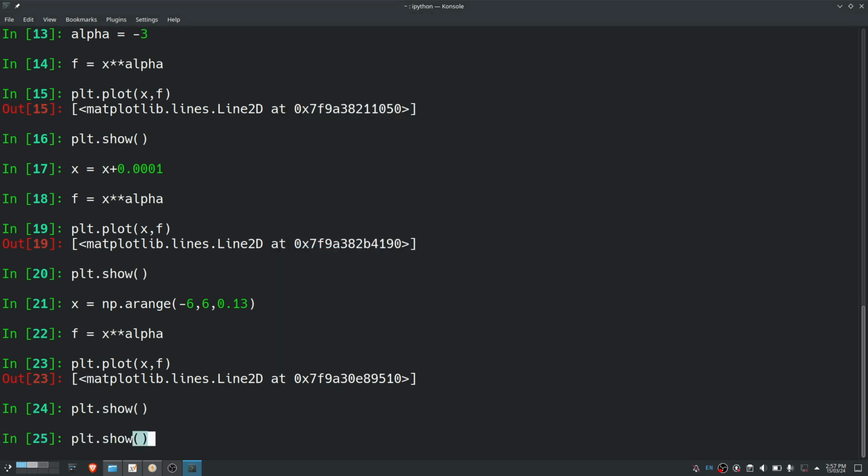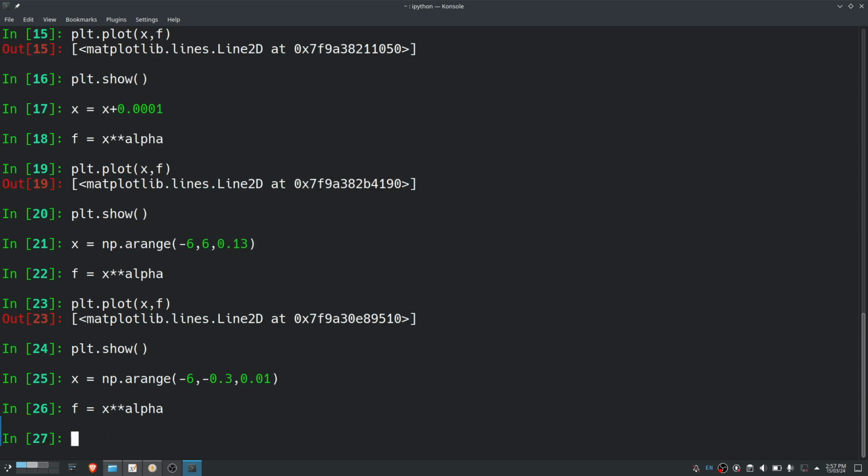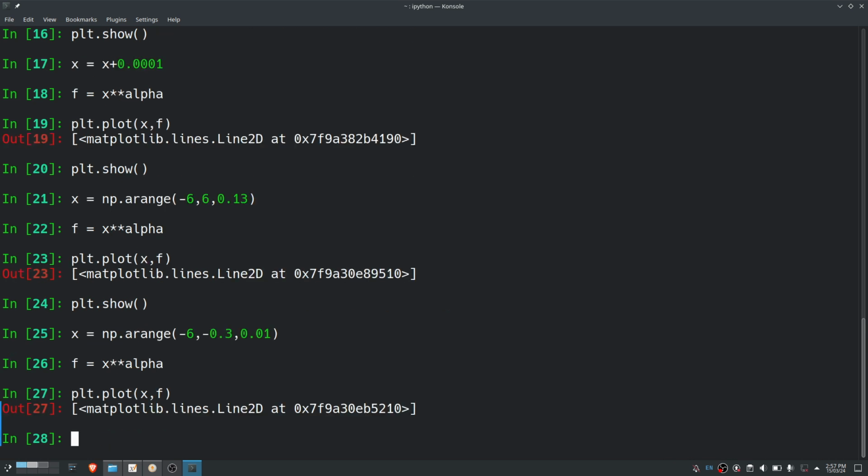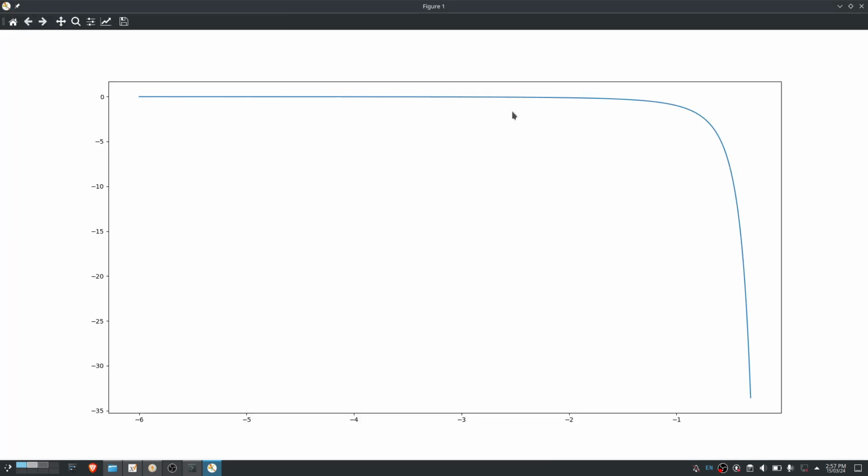Maybe I should have just plotted for 6. It's concave for x less than 0.